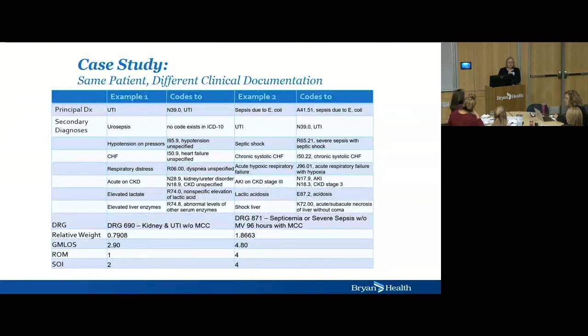Same patient, but the documentation looks very different. And example 2 really spells out how sick the patient was. With this patient, the risk of mortality goes up to 4, which is the highest level of risk of mortality. It's the extreme risk of mortality and an extreme severity of illness.